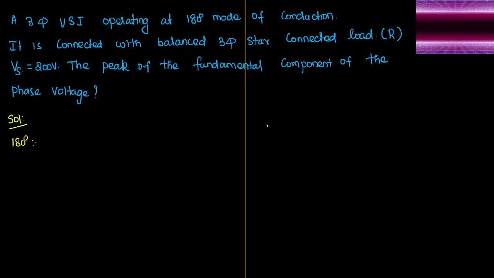See, basically while dealing with the three-phase system, we will have two types of conduction. One is 180-degree mode of conduction, another is 120-degree mode of conduction. It doesn't matter whether you are in 120-degree or 180-degree mode of conduction, the effect of third harmonic will be eliminated in both. But sometimes what they are asking in your question is about the leg and the supply voltages.